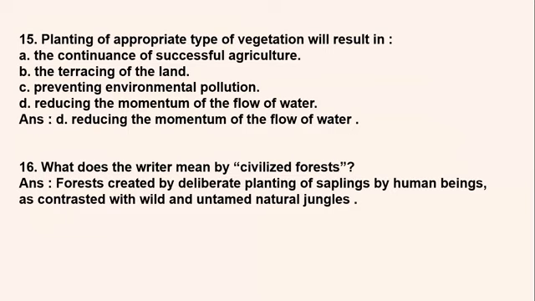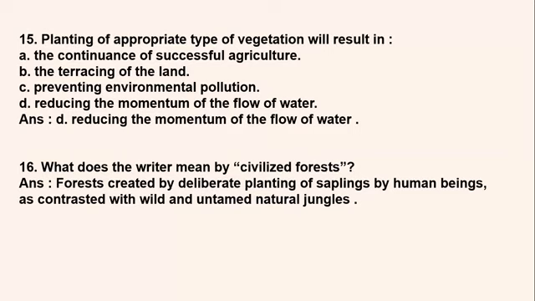So first understand the question. Planting of appropriate type of vegetation will result in, means if you plant proper type of plants and trees, what will it result in? So the answer among the four options is D, reducing the momentum of flow of water.